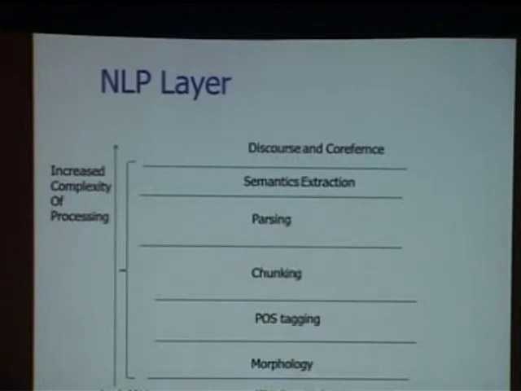So this kind of layering of natural language processing tasks is pretty well established. Now the point is that at each layer, the ambiguity from the lower layer is resolved. That is the first important point to note, which is where machine learning plays its important role.